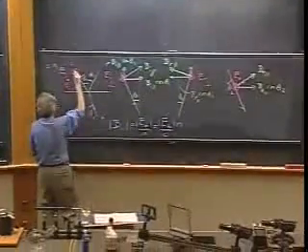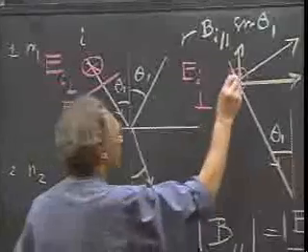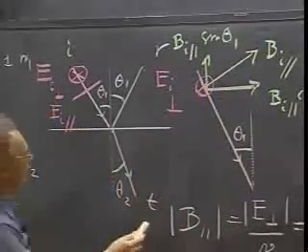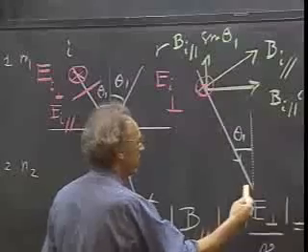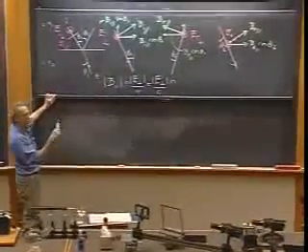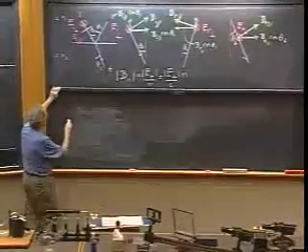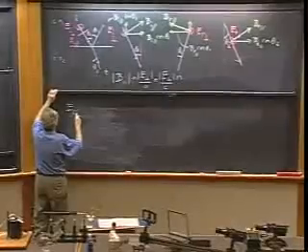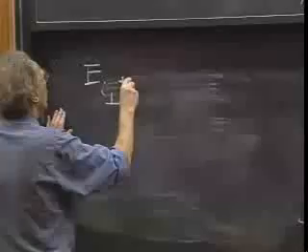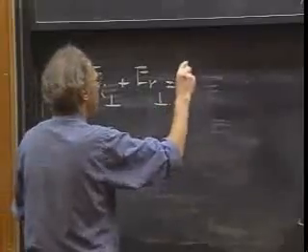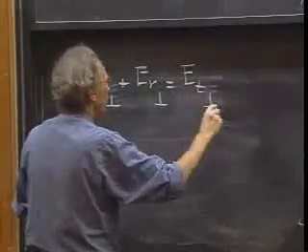Medium 1 has this component when it reaches here, and it has this component when it comes back. So I always must add the incident and the reflected E field, of course. So we get E incident perpendicular plus E reflected perpendicular must now be E transmitted perpendicular.